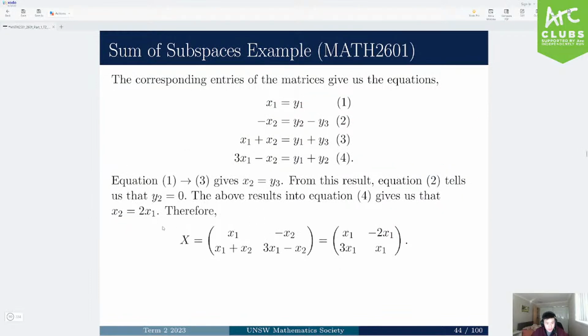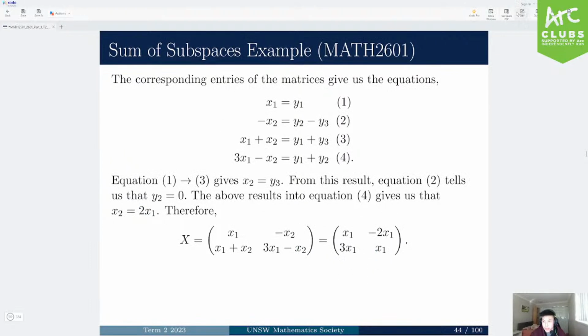And hence X must be in this form here, where we have x1, minus x2, x1 plus x2, and 3x1 minus x2. And again, we can replace x2 with 2x1, that is this last condition here. Replace x2 with 2x1 to get us 3x1 in the bottom left, and replace this last x2 with, again, 2x1, and that gets us x1 in the bottom right.